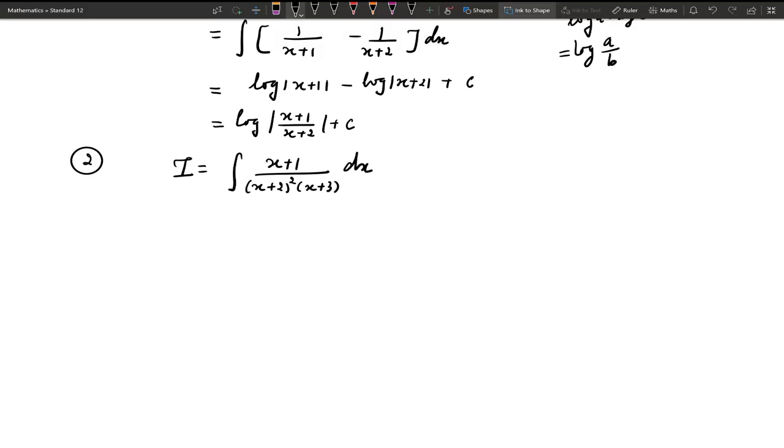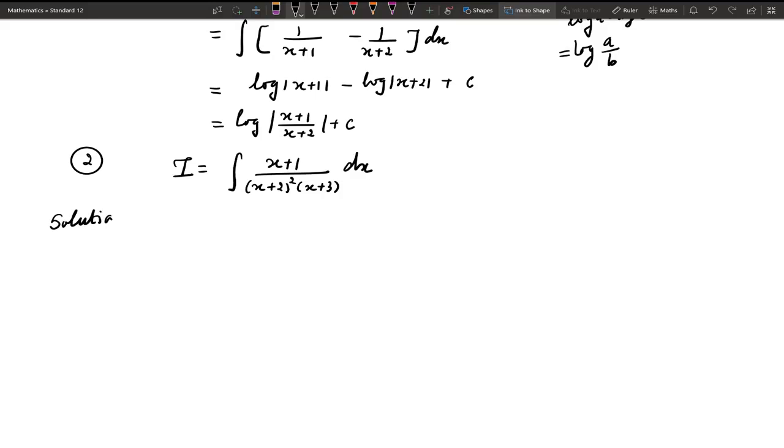So in the denominator we will use the second case, x plus 2 whole square, that is, a factor which is linear and repeated, because x plus 2 square is there. So now we solve this using the method of partial fraction.